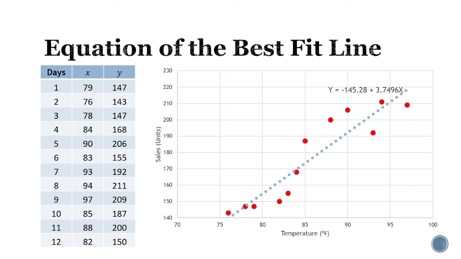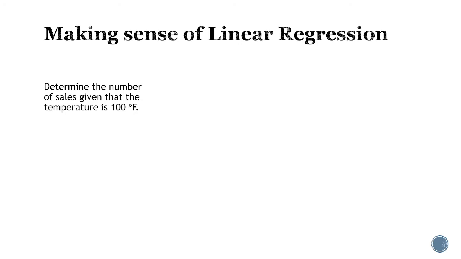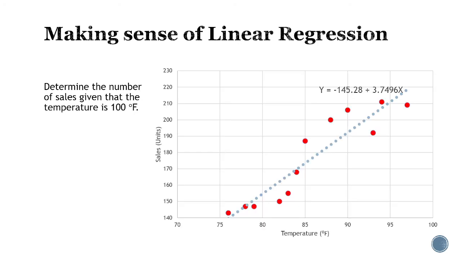Okay? But for the house, kung paano gagawin yan, hayaan ko munang kayo mag-discover kung paano gagawin yan. And in that, sabi natin kanina, gusto nating malaman kung ano kaya yung magiging sales kapag yung temperature natin is 100 degrees Fahrenheit.